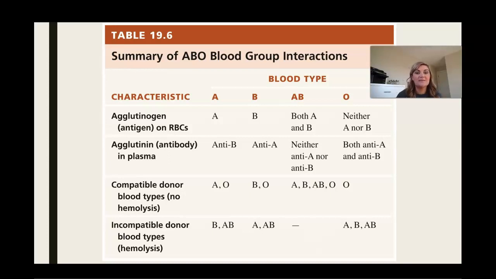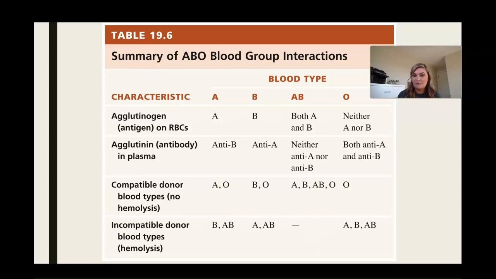And so it has an anti-B, so it will coagulate or agglutinate with the B blood if B blood comes in. It is compatible with A and O, so that means it can take blood in from type A or type O. It's incompatible with type B or AB. Type B blood has the anti-A, and of course it can receive from type B or type O, and it cannot receive from type A or type AB.